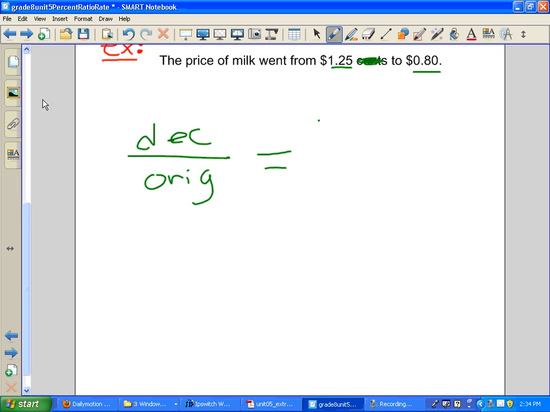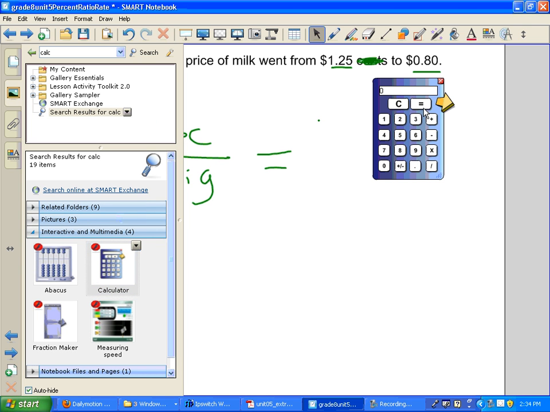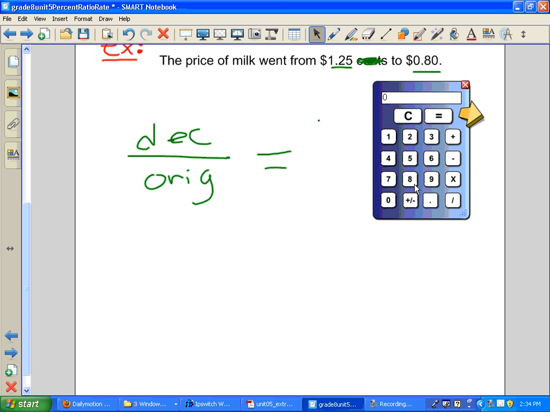So I'm going to take my calculator, I'm going to work that out. So see how much it went down. So I had $1.25. I'm going to take away 80 cents to see how much my price decreased. So it decreased 45 cents.